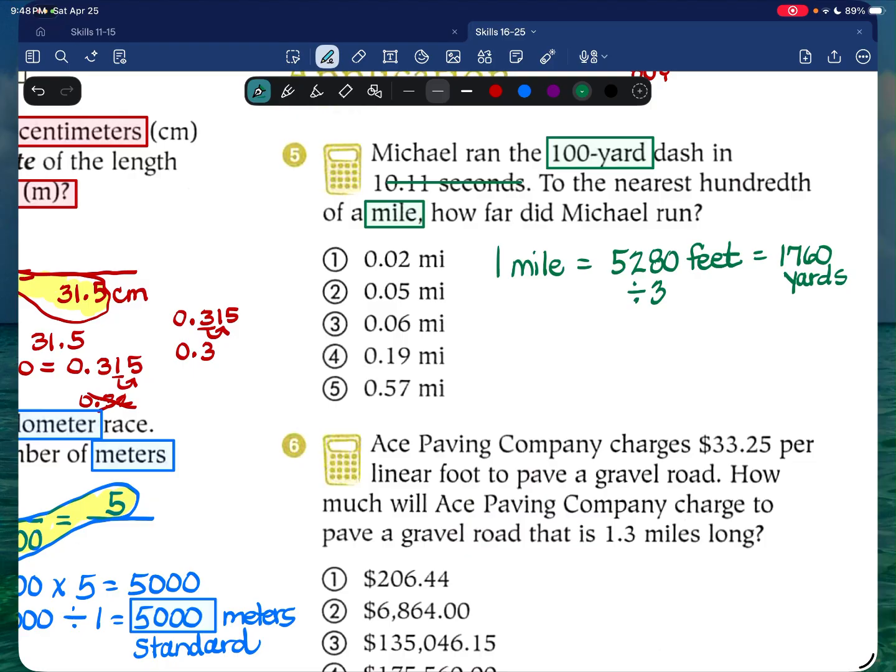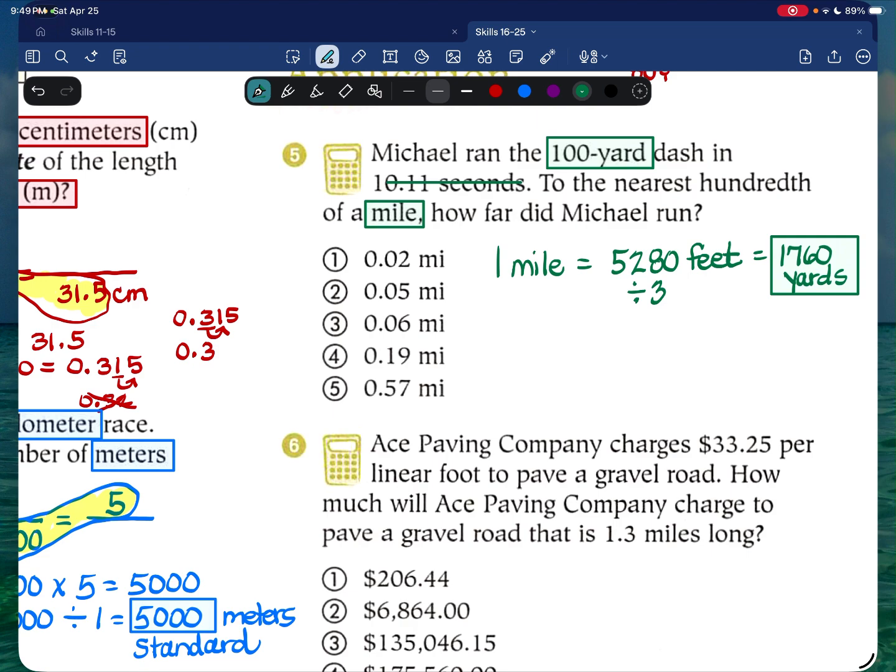If we divide the 3 into the 5,280, we get this number. This is another good one to just memorize. But if you forget, you can always divide by 3. If you wanted to turn those feet into inches, you would multiply by 12.